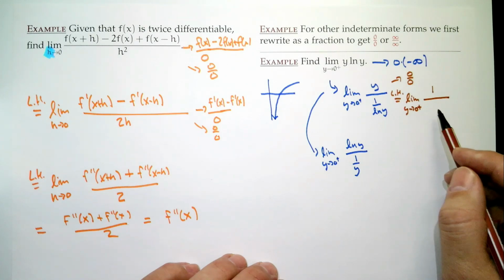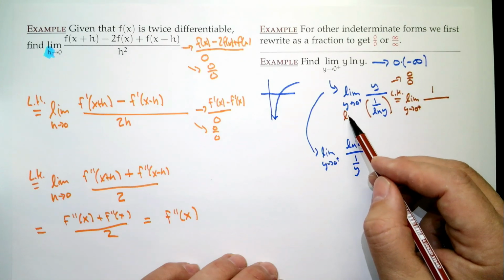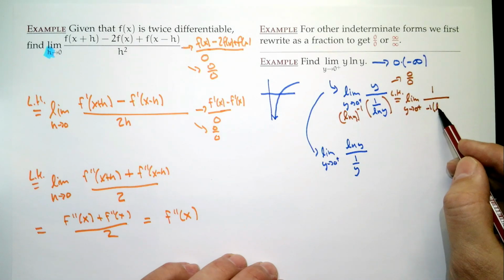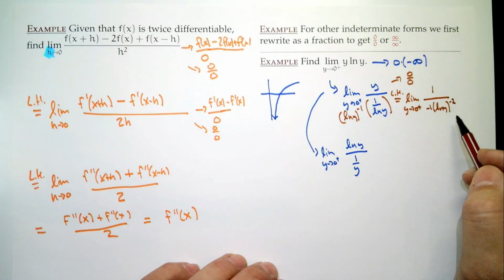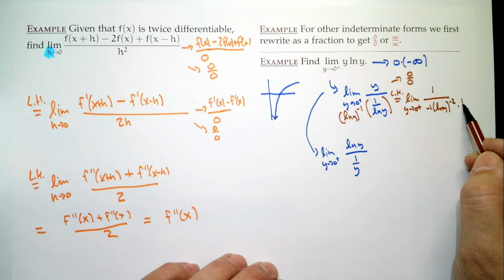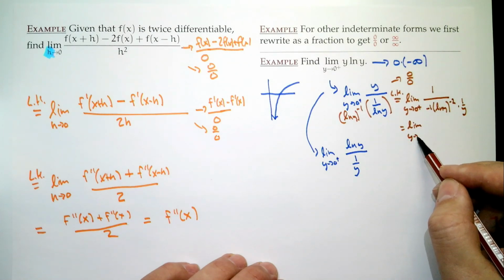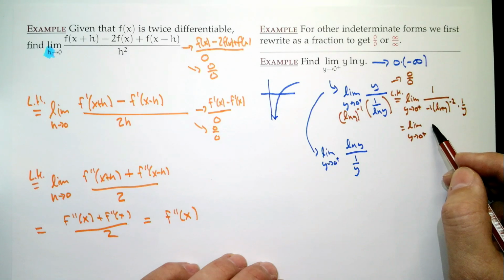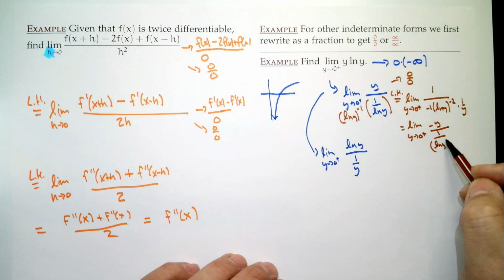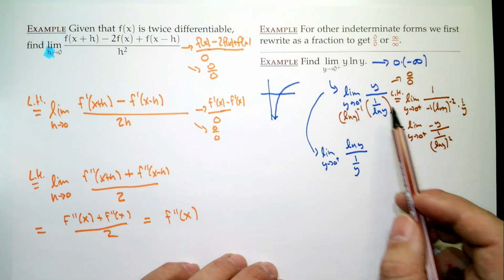Well, now, this really is a fraction within a fraction. You can think of this as log of y to the negative 1. So the derivative of this would be negative 1 times log of y to the negative 2 times the derivative of log of y, which is 1 over y. If you clean this up, this becomes the limit as y goes to 0 from above of negative y divided by 1 over log of y squared. Now, comparing it to what we started with, that looks worse.